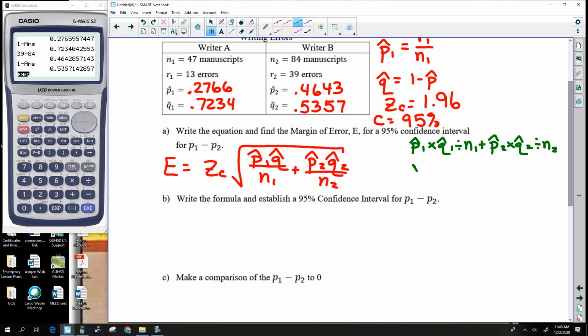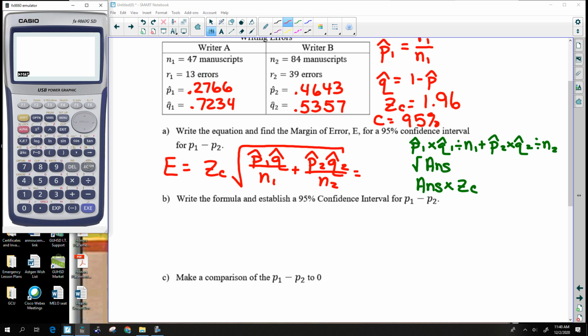Because it's on the inside of the square root, we take the square root, and that entire square root is multiplied with the ZC in this particular case. So let's find this: p hat 1 times q hat 1 divided by n1 plus p hat 2 times q hat 2 divided by n2.